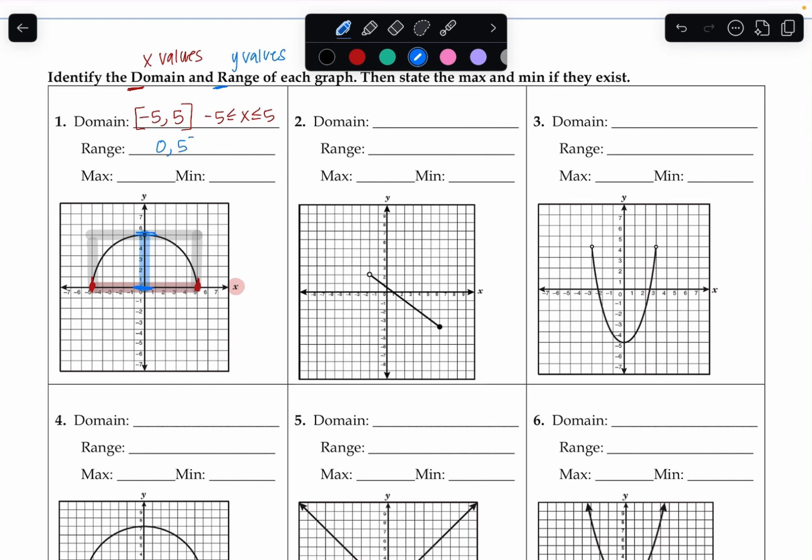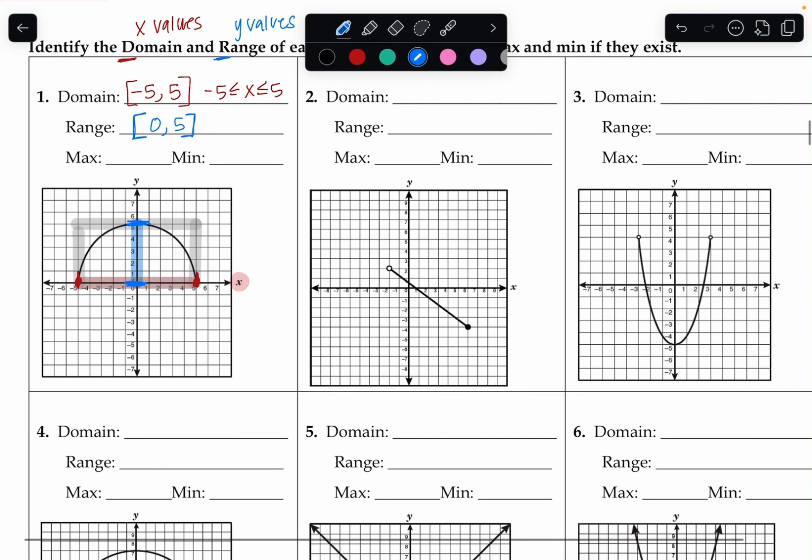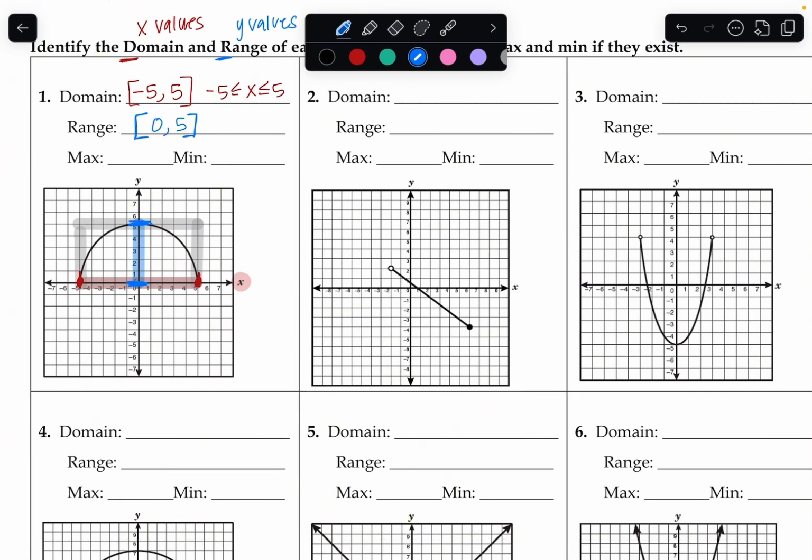The 5 gets a bracket, and so does the 0. As long as there's not an open circle, it's automatically closed. Anytime there's an open circle or something like an asymptote, we'll look at those later in the year, those are situations where you would use parentheses. But if there's not an open circle or asymptote, you use brackets.